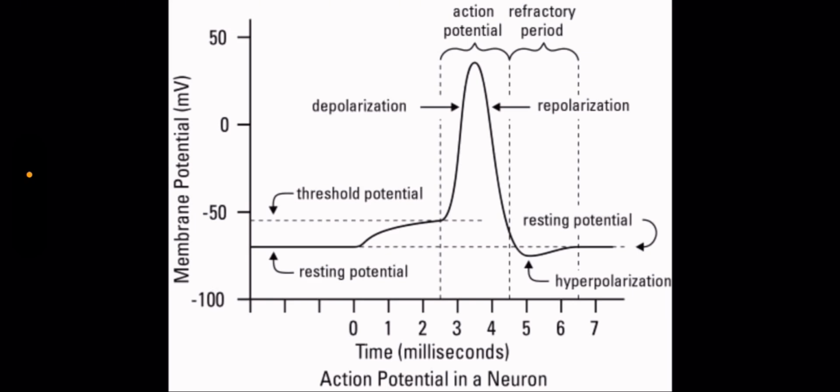A sodium ion is written as Na+, and a potassium ion is written as K+. Potassium ion channels allow facilitated diffusion of potassium ions out of the neuron down their concentration gradient. So overall, more positive ions are getting pumped outside of the cell than inside, which maintains that resting potential gradient.